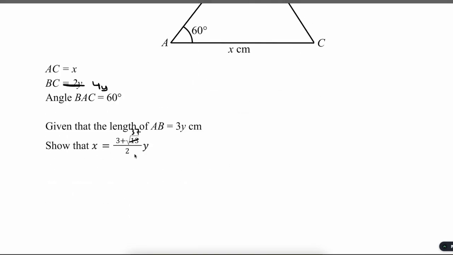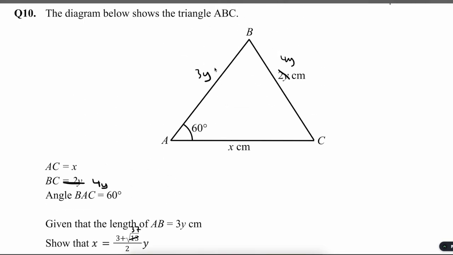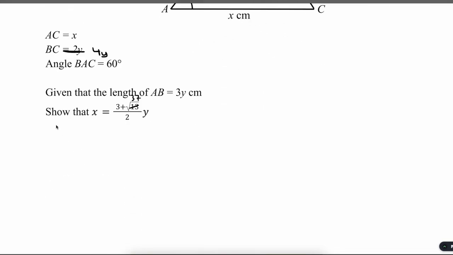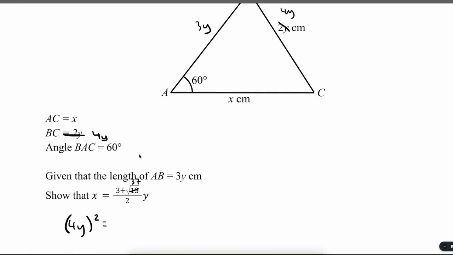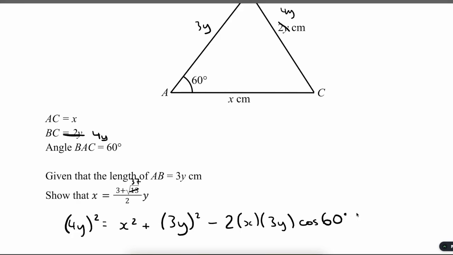Okay, so we're going to use the cosine rule because we've got 3 sides and 1 angle. So we've got 4y squared equals b squared, which we'll select as x, plus c squared minus 2bc cosine a, which is that.